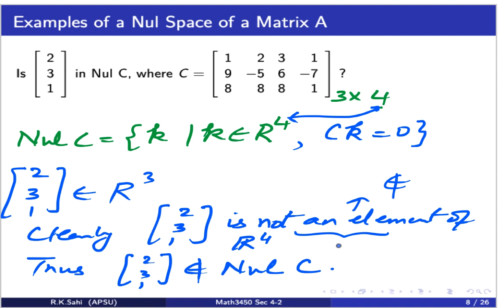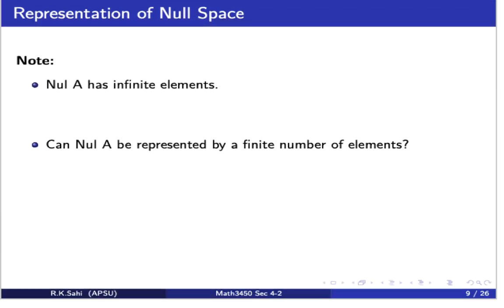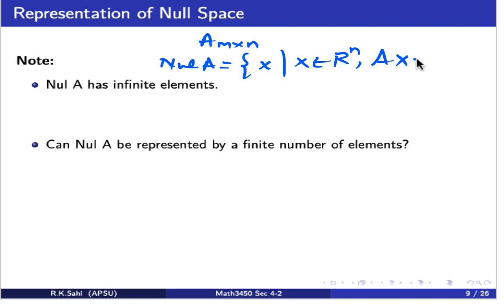Okay. So let's look at some more features of null space. Now, what did we say? What's a null space? Suppose A is an M by N matrix. And what did we say? Null space of A is all those x's in Rn such that Ax is 0.